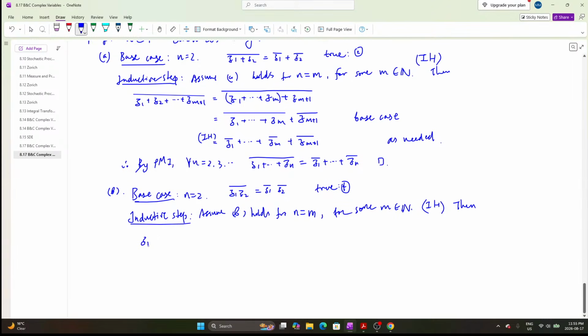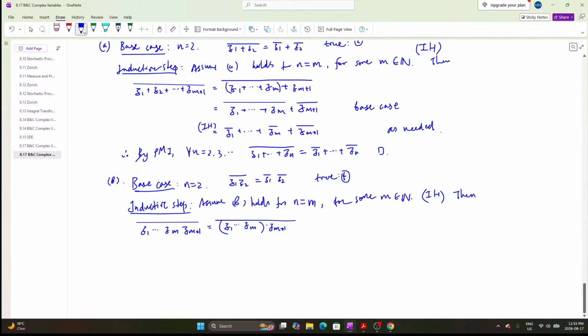Taking the product of z1 all the way to zm times zm plus 1, and then complex conjugate, you can break this, using associativity, into z1 times zm quantity times zm plus 1, taking complex conjugate. And now you can break that into z1 times zm complex conjugate, and then times zm plus 1 conjugate.